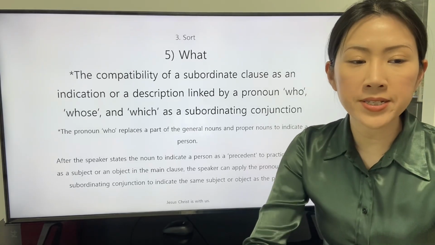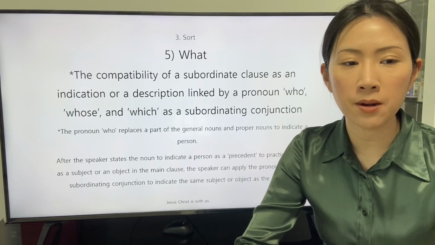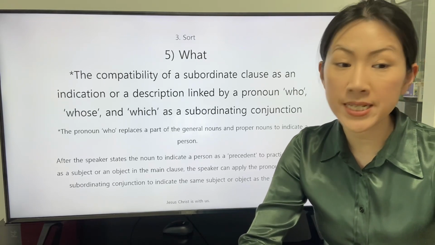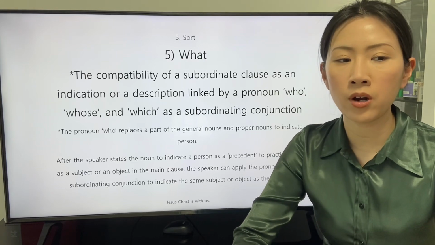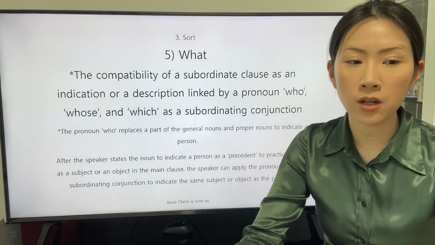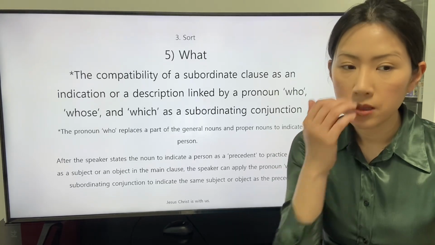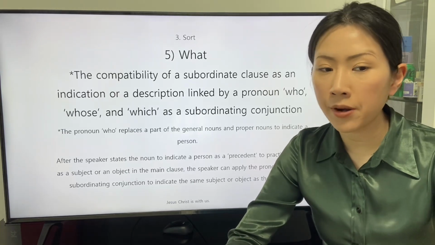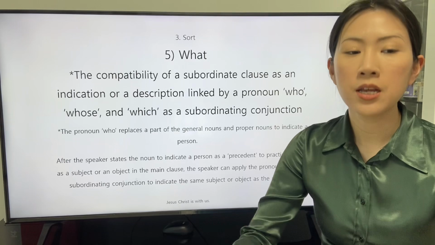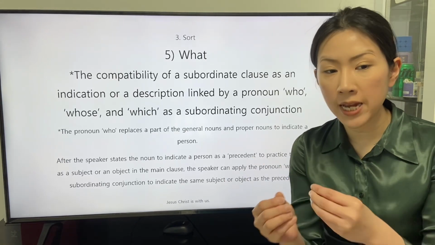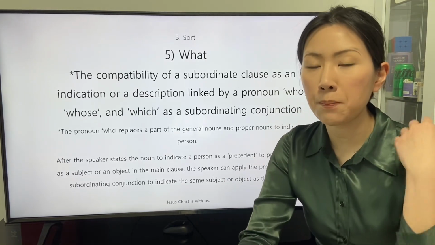After the speaker states the noun to indicate a person as a precedent to practice the role as a subject or an object in the main clause, the speaker can apply the pronoun who as a subordinating conjunction to indicate the same subject or object as the precedent.